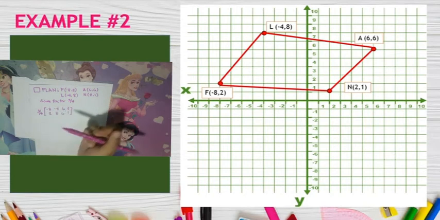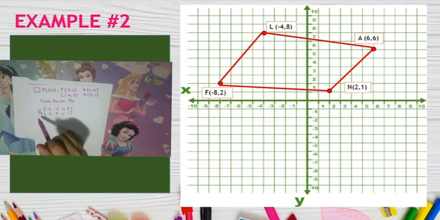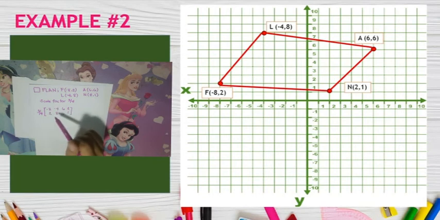So what we'll need to do now is multiply this scale factor with the rest of the numbers within the matrix. So 8 times 3 is 24, divided by 4, it will be negative 6. 2 times 3 is equal to 6. So the answer will be 6/4. It could be 3/2.